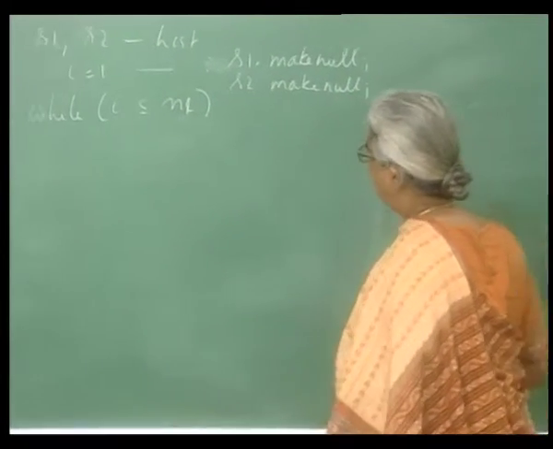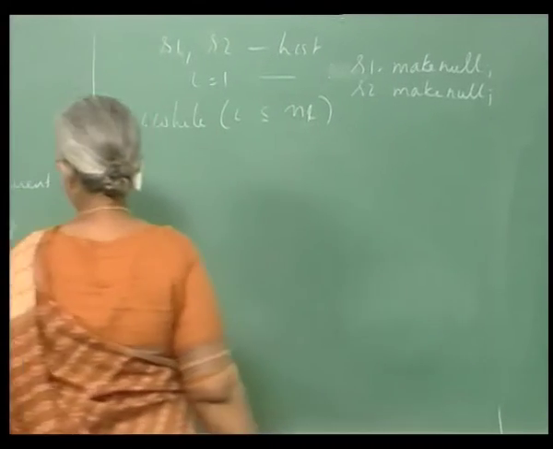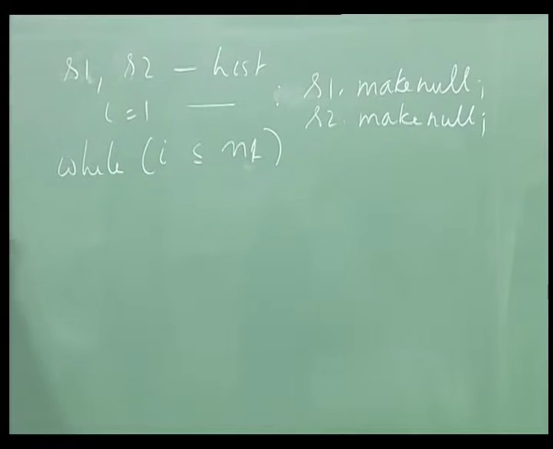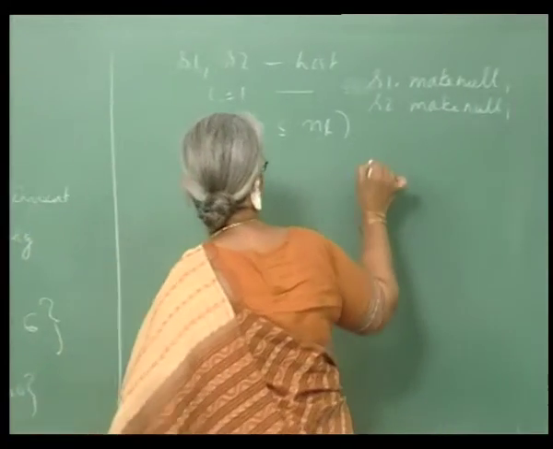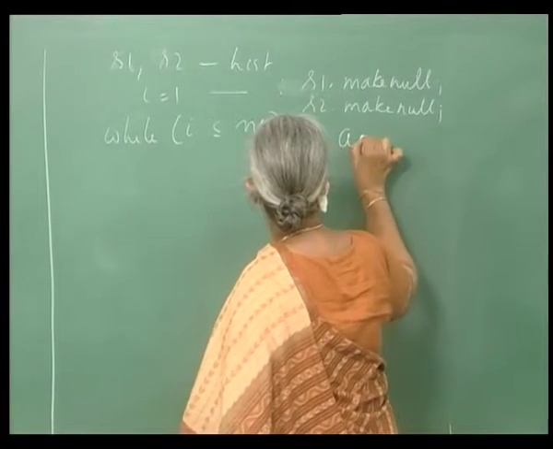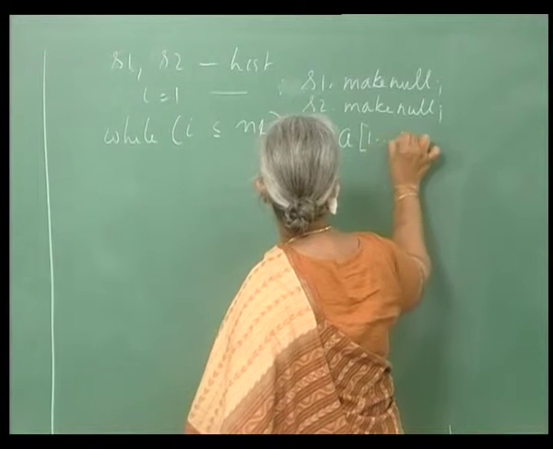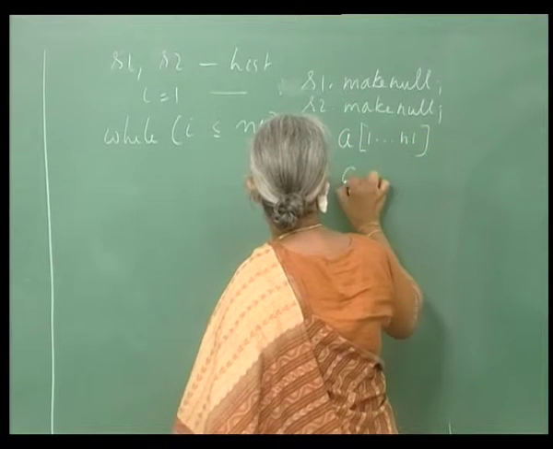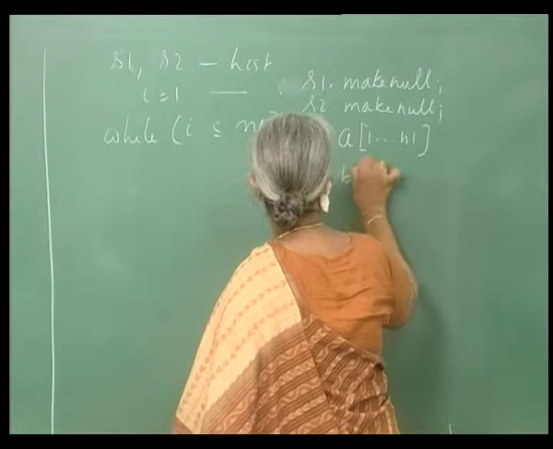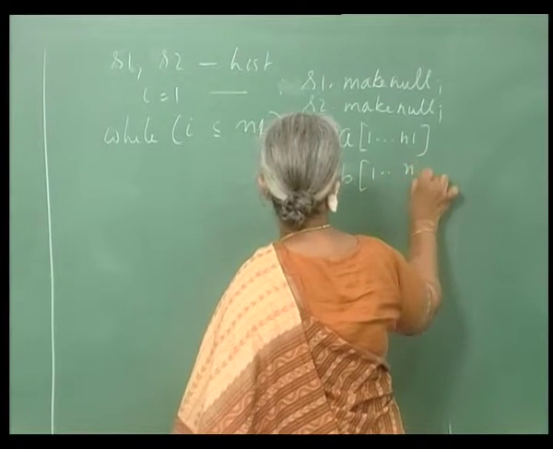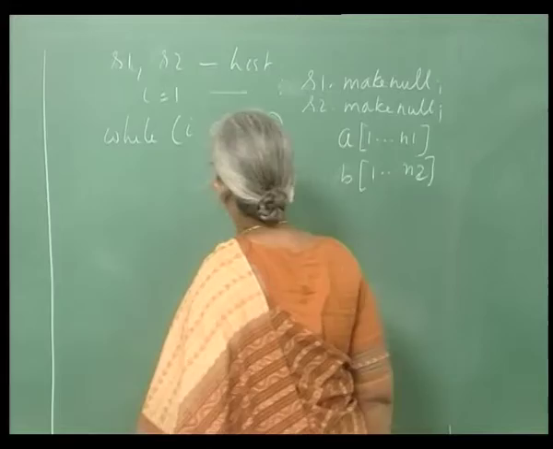Then what will I do? Let us say N1 is the number of elements. I have got all these elements in some array. Let us say I have an array A of elements 1 to N1, and an array B of elements 1 to N2, which need to be inserted into the list.